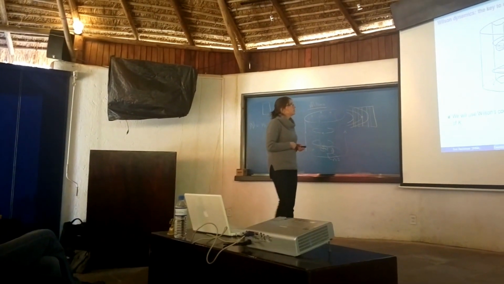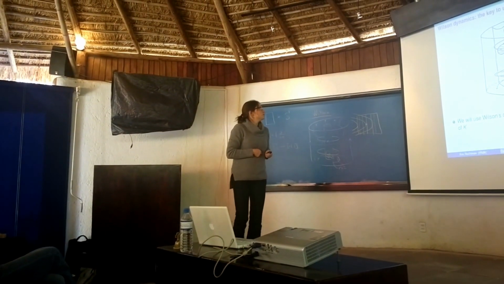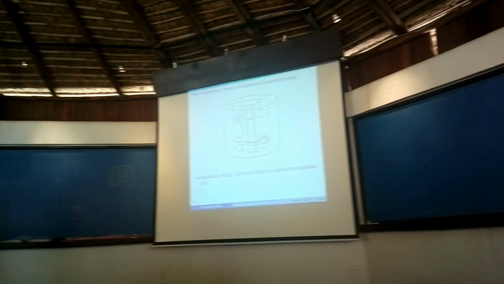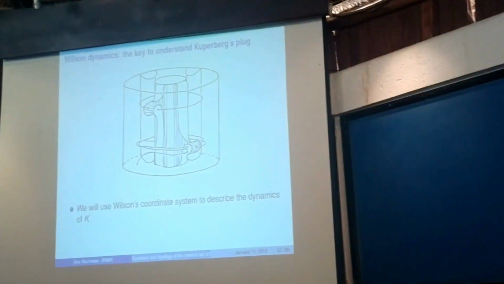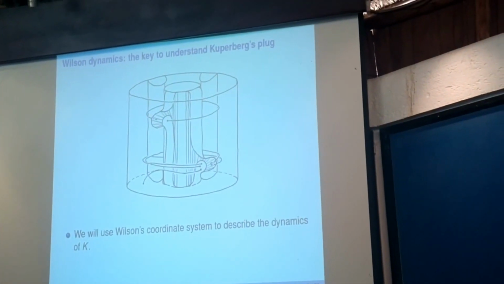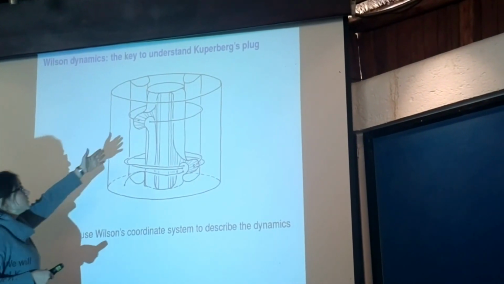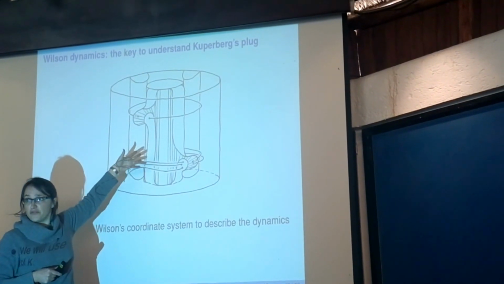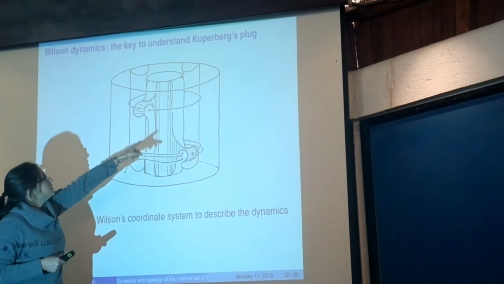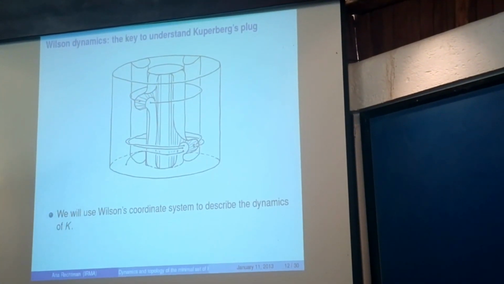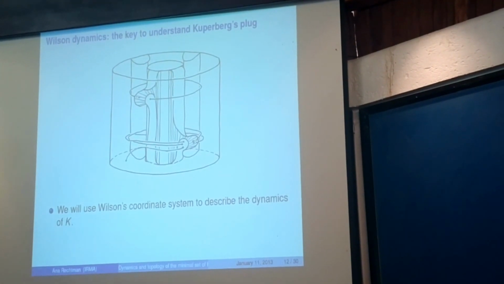So let me tell you a little bit about the dynamics of this plug. This is the Wilson plug, where I erased what is inside of the insertion. This is the region where the insertions are performed, and the disk plus an interval that are behind are the regions that you will insert.